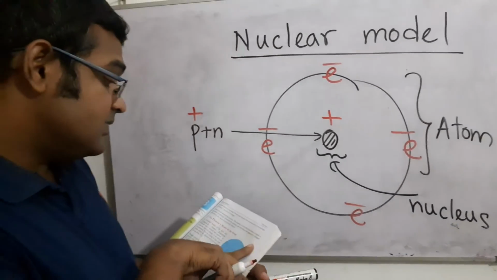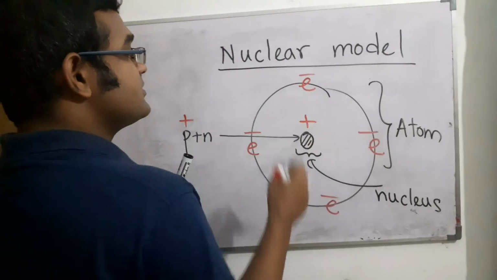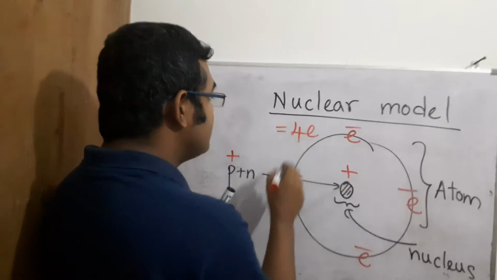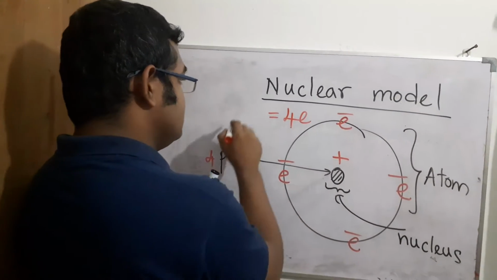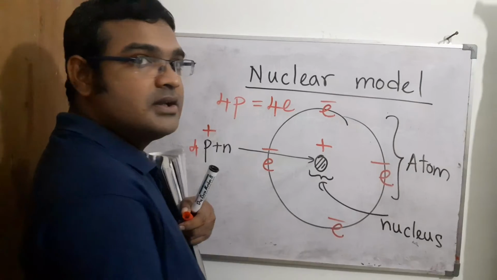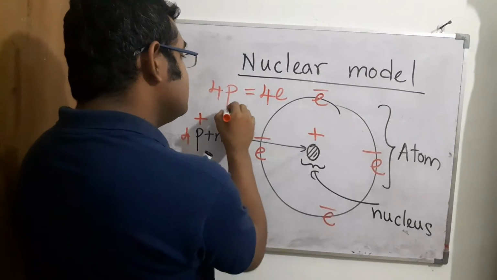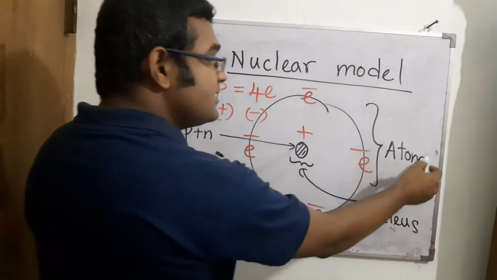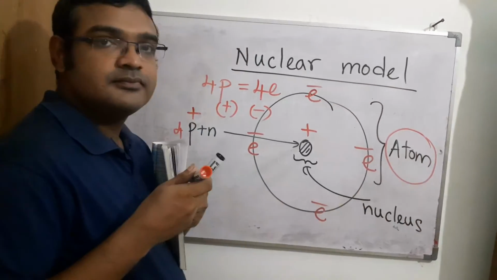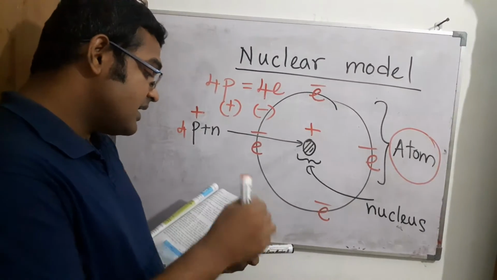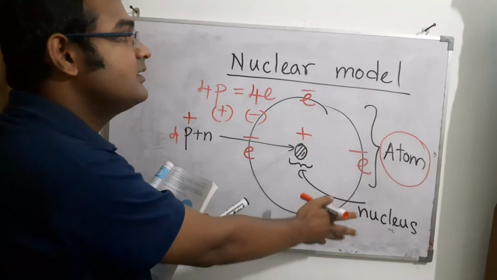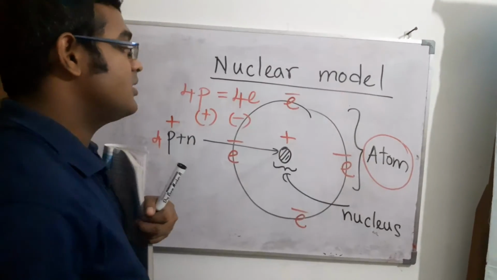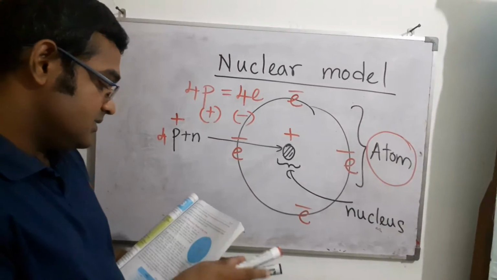Further, in this model, he told the number of electrons. Here we have shown 4 electrons, equal to the number of protons. Therefore, the number of positive charges is equal to the number of negative charges. Therefore, the atom is neutral. Those are the facts described by the nuclear model. That is the first model.